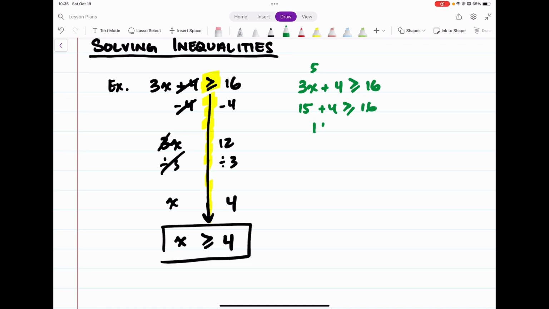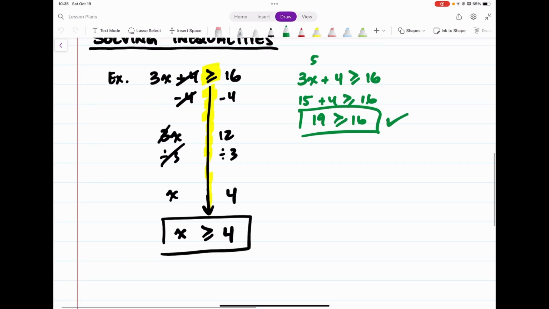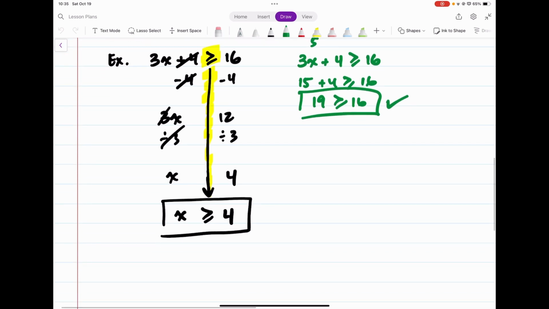Yes, it is true. So that is correct. And if you want to prove the opposite, that anything less than 4 is not x, you could try that out and you'll see that it's true.